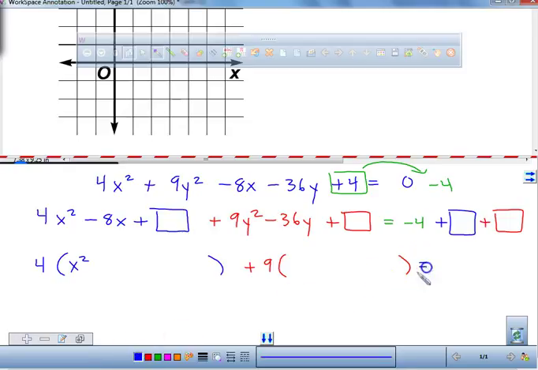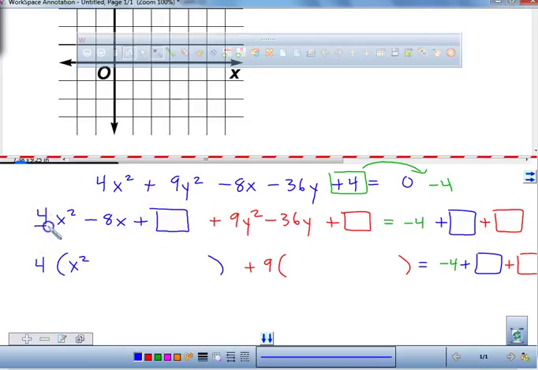We're going to set that equal to a negative 4, plus the square, plus another square.